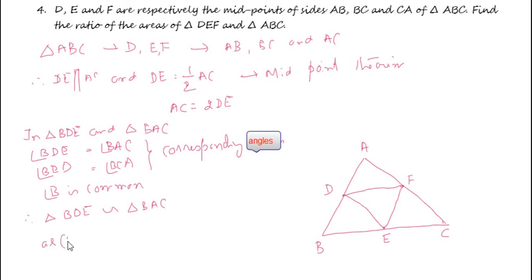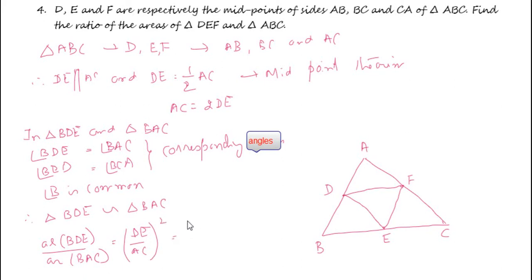If two triangles are similar, the ratio of their areas, area BDE by area BAC, is equal to the square of the ratio of the corresponding sides. Let us take only one side, that is DE and AC. So it is equal to DE divided by AC whole square.